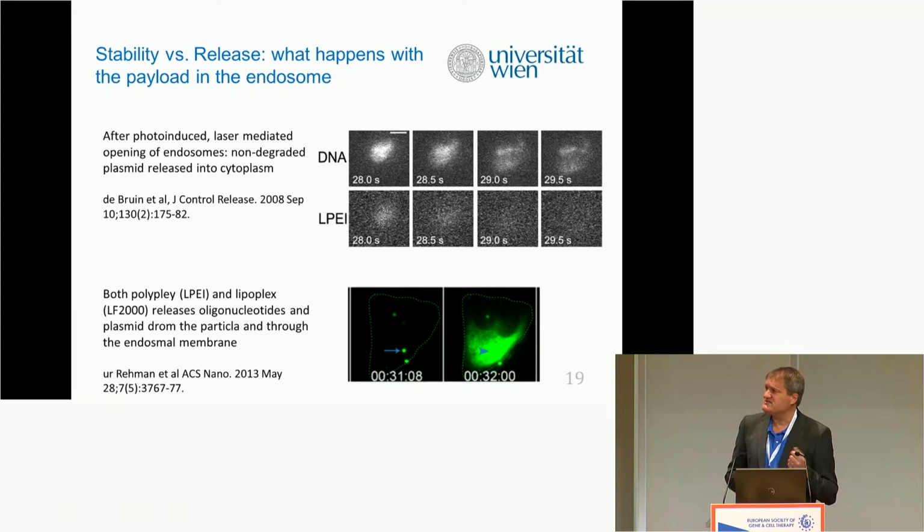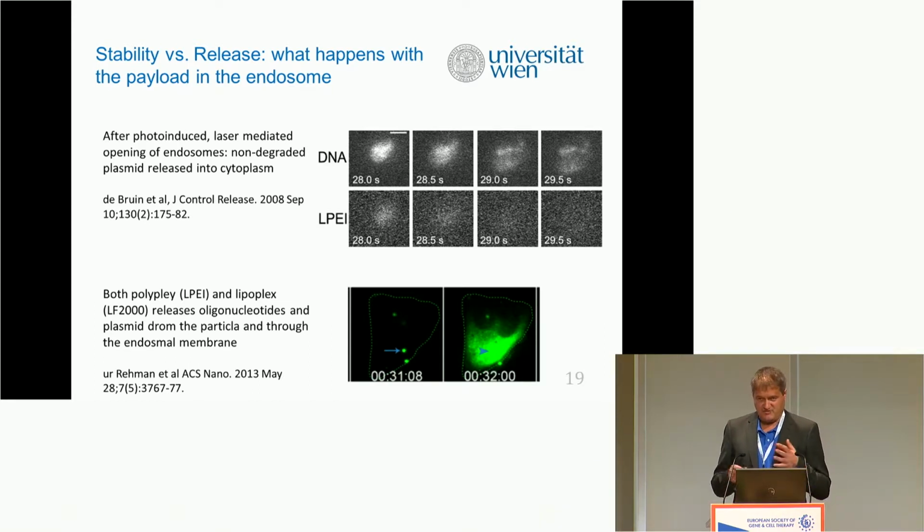But what happens with the DNA or with the siRNA if it's in the endosome? Is it still intact? Is it alone? Is it freed up or still condensed? There was a quite interesting experiment colleagues of mine did in Munich.